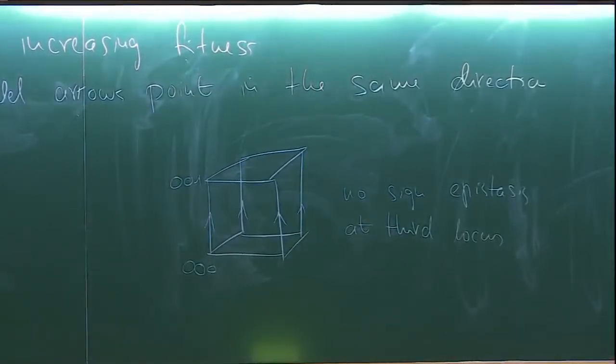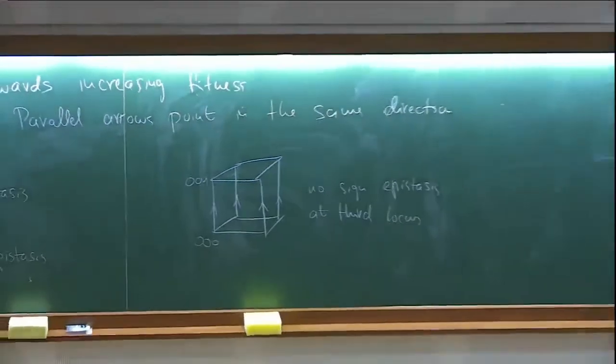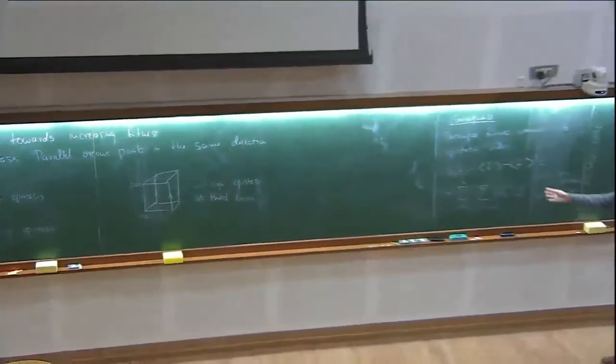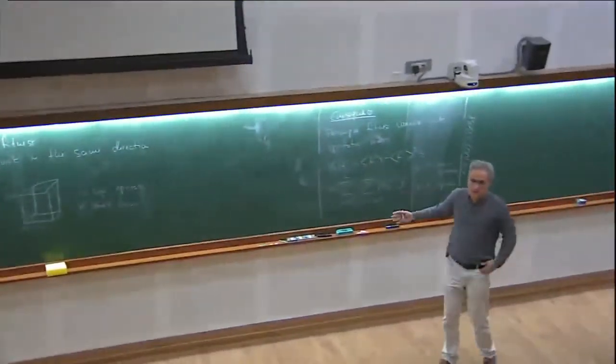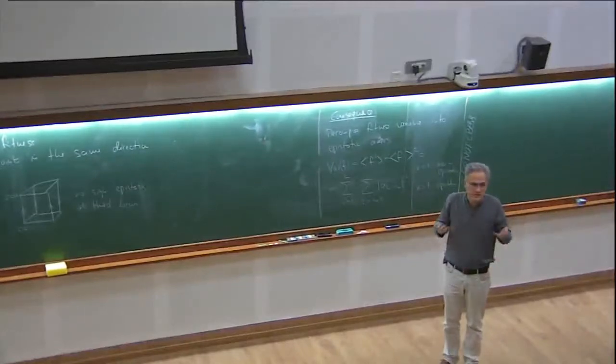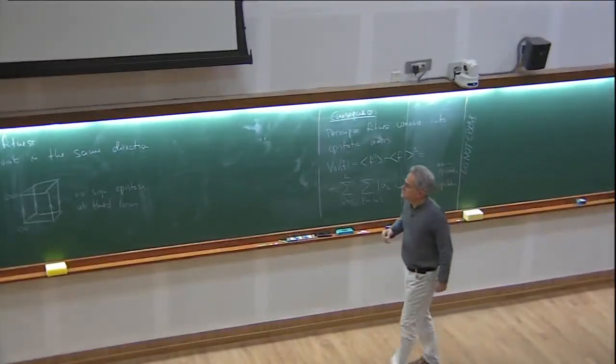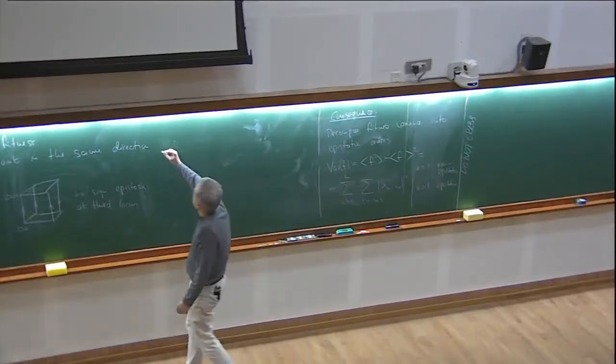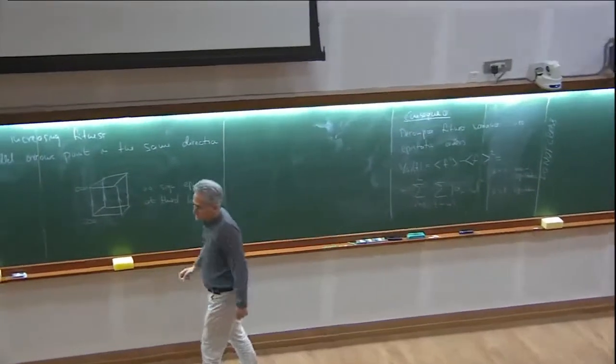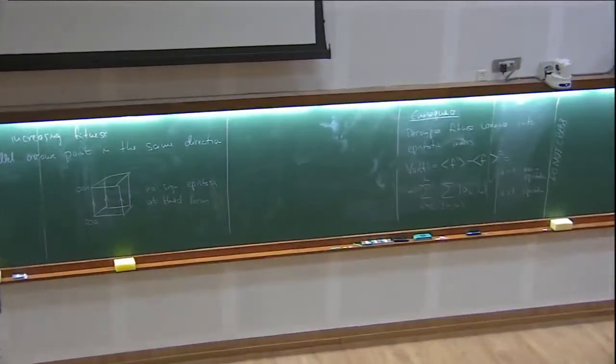Now this is the concept of sign epistasis, which was introduced in this paper. Now, of course, as I said, per se, whether this is true or not cannot really be read off from this Fourier representation. So of course you can have epistasis that is not sign epistasis, and to distinguish the two kinds, Weinreich and collaborators also introduced the notion of magnitude epistasis.